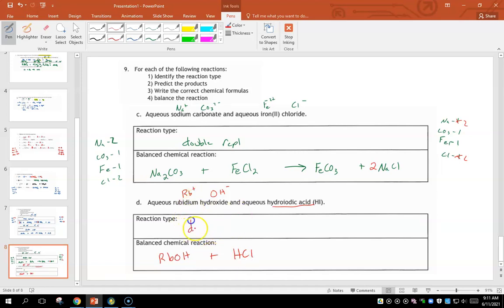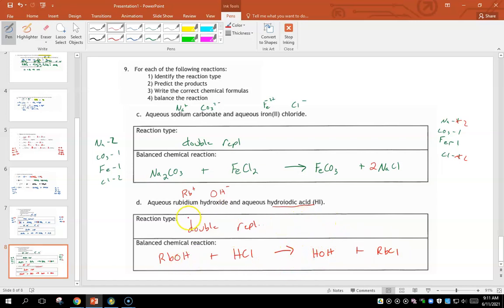This looks like another double replacement to me, or an acid-base reaction, if you will. So the rubidium and hydrogen will essentially swap places. So we're going to form HOH plus RbCl, and it looks like it is all nicely balanced already.